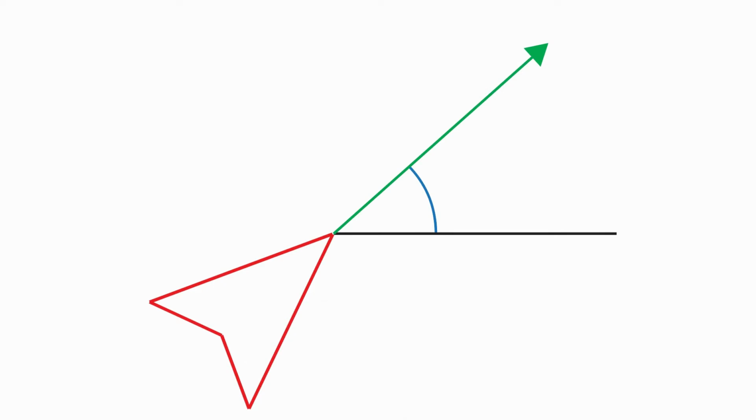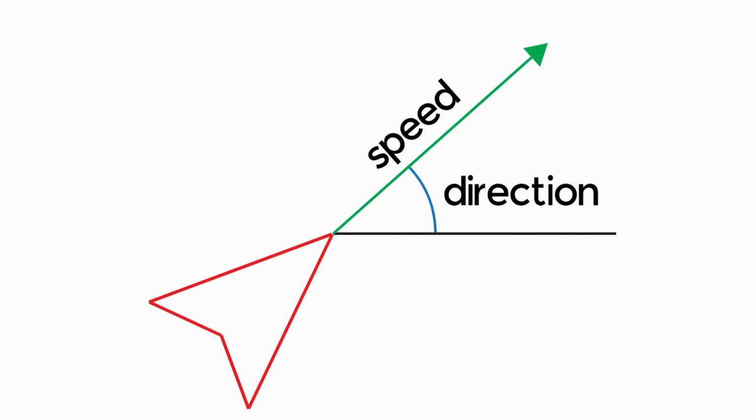So in this example here, we can model our player ship's velocity as the green arrow. So the length of the arrow models the speed or the magnitude, and then the angle with the x-axis, because remember our angles are being measured from the x-axis in our software, that then gives us the direction.